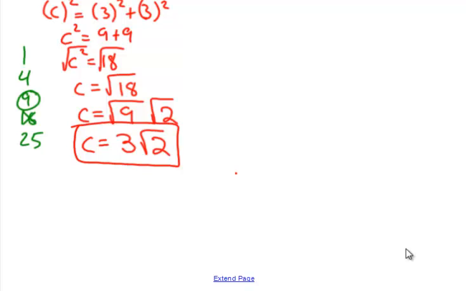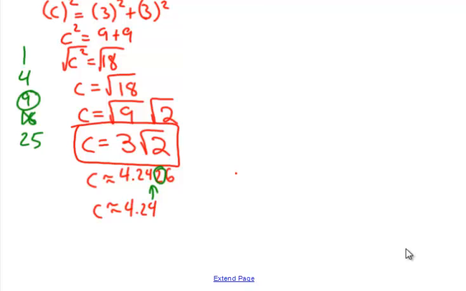We come up with an answer of 4.2426. Now, we want to round to the nearest hundredth, which is the second decimal place. So I look at that 2 there. That's 4 or less, so we're just going to drop it. So C is approximately 4.24.